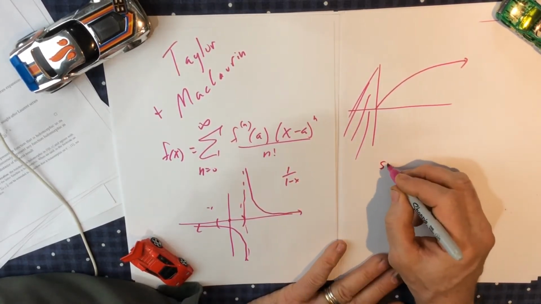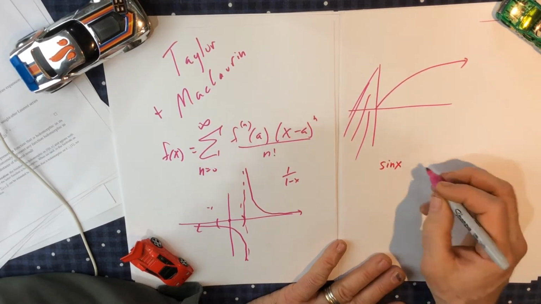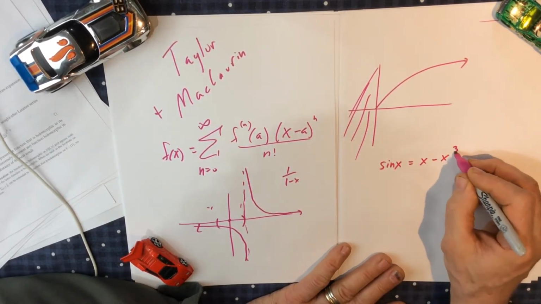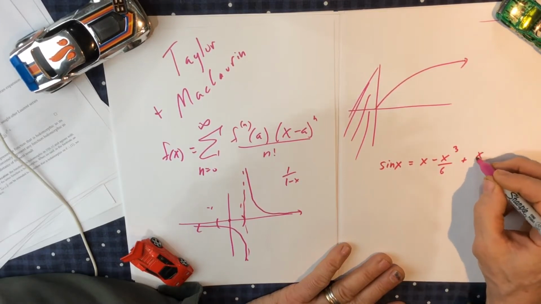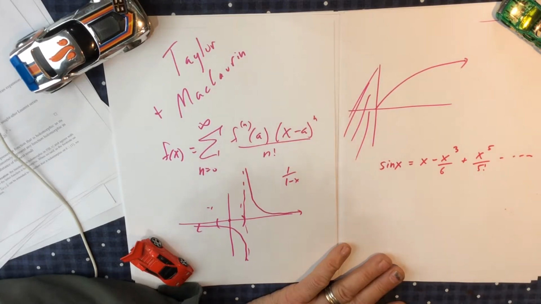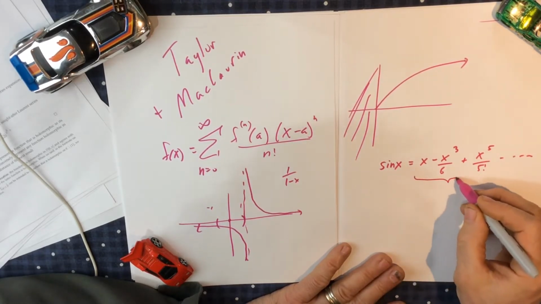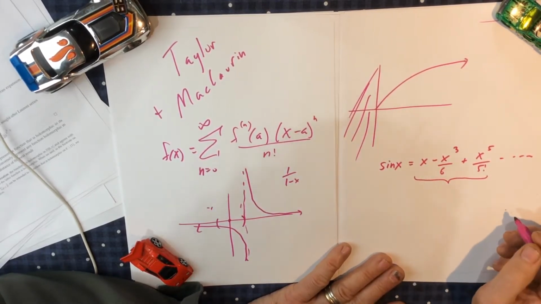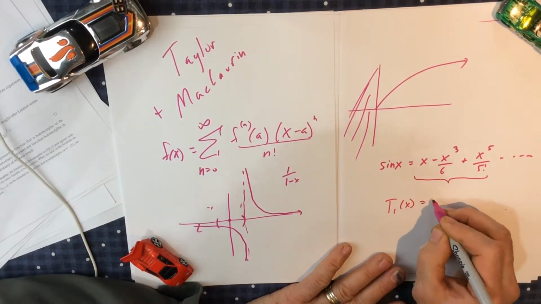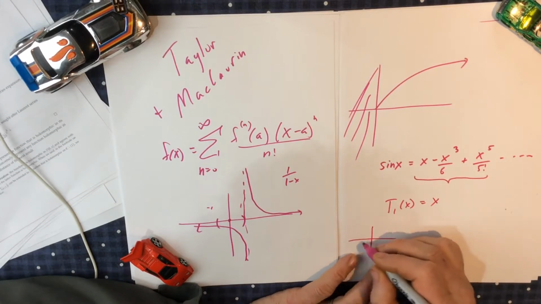As an example, the sine of x has a Taylor series and Maclaurin series, which is x minus x cubed over 6 plus x to the 5th over 5 factorial. It goes on forever. And let's suppose we take the first couple of Taylor polynomials. T1 is x. It's not a very good approximation of the sine.